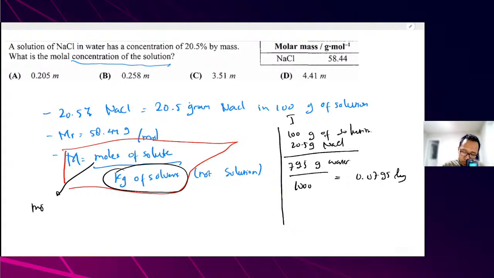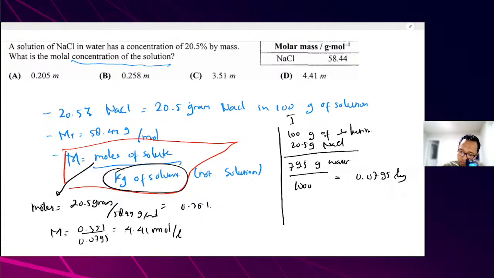Mole is 20.5 gram per 58.44 gram per mole, so it will be 0.351. Now we just plug into the molality formula: 0.351 divided by 0.0795 will give us 4.41 mole per kg.